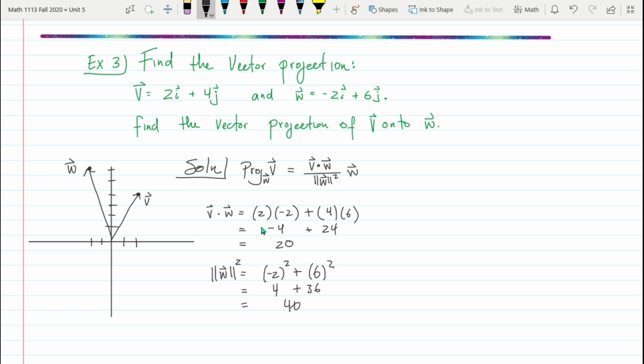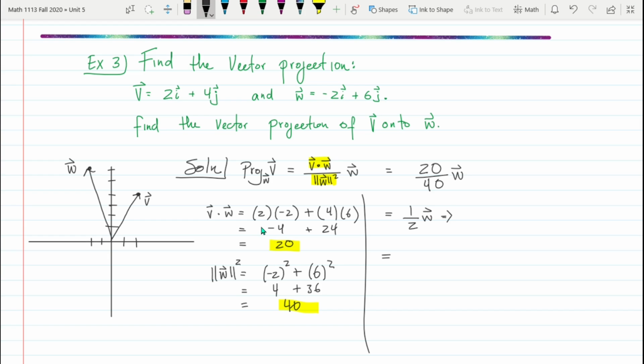Okay, so I have this value, which is that one and that one. All that we have to do now is multiply by vector w. So 20 over 40 comes out to be 1/2. So 1/2 times vector w is going to be the following. I guess we'll write down what that is.